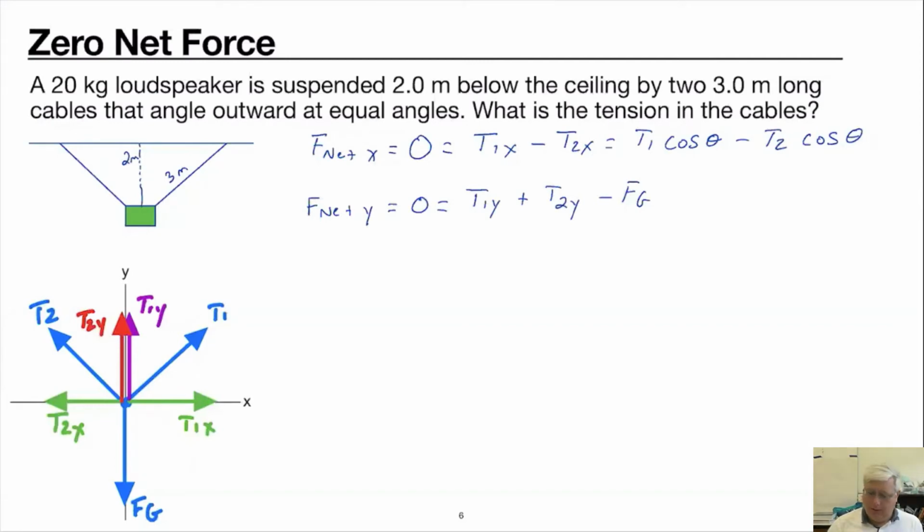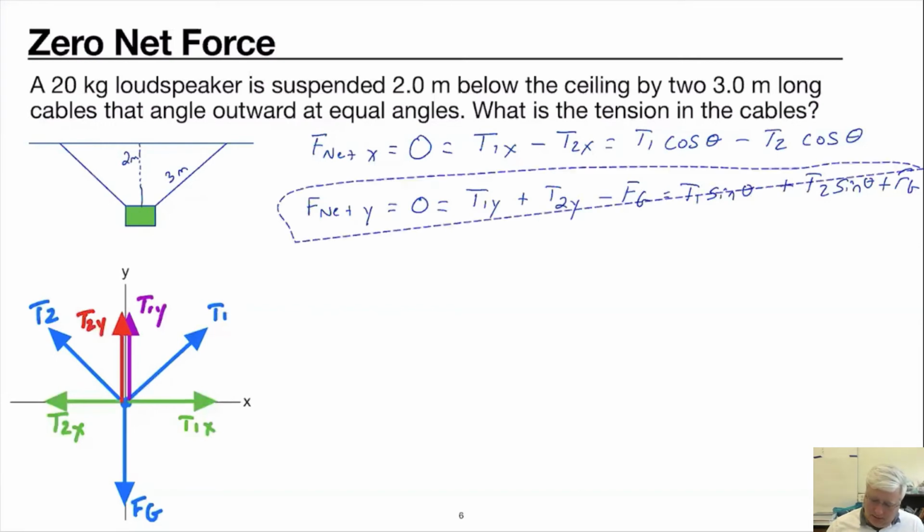And we could also simplify a bit more. We know that T1y is going to be T1 sine theta, and T2y will be T2 sine theta, plus force of gravity. Okay, and then we can simplify this a bit more.